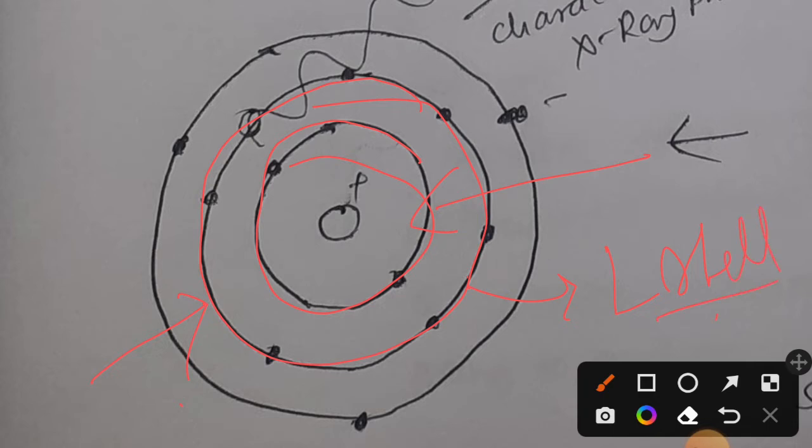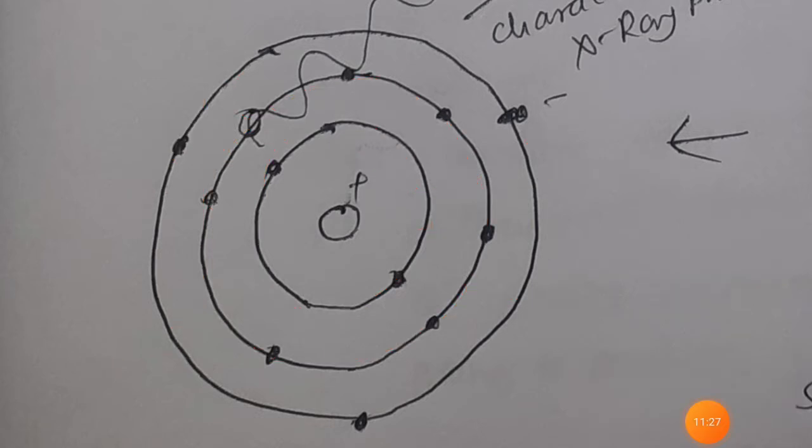So to solve this problem, one electron from the outer shell, that is the M shell, will jump towards the L shell. Here again there will be an emission of energy, which is also of a particular wavelength, and this energy of particular wavelength will be detected by the X-ray detector. So that is what is happening.